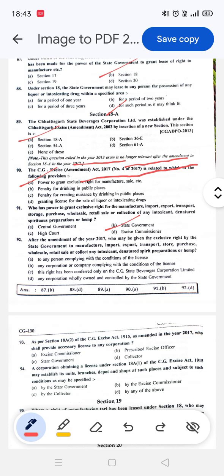After the amendment of the year 2017, who may be given the exclusive right by the state government to manufacture, import, export or transport, store, purchase, wholesale, retail sale or collect any intoxicant, denatured spirit, preparation or hemp? So any corporation. Option D is correct. Any corporation wholly owned and controlled by the state government.